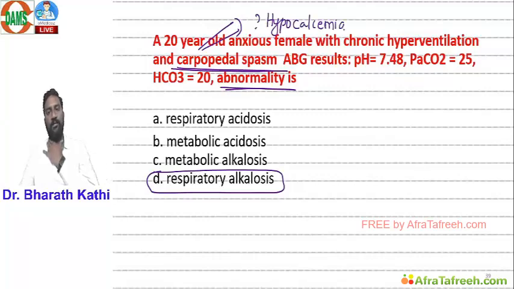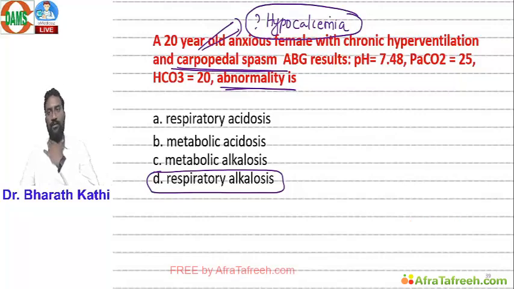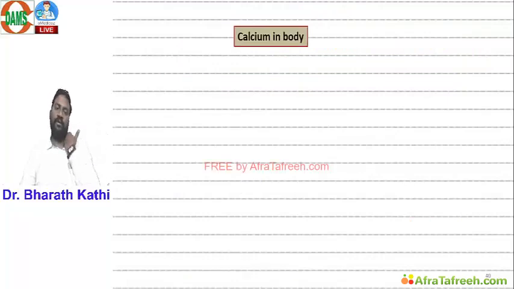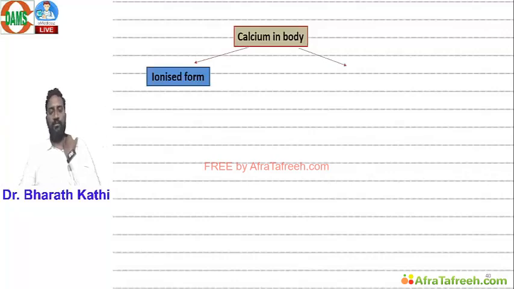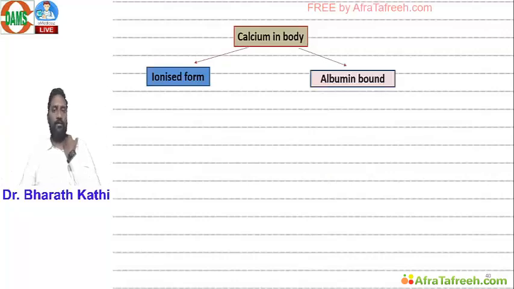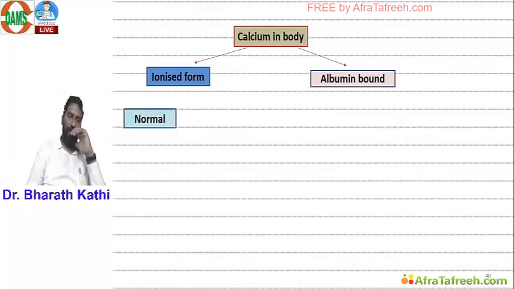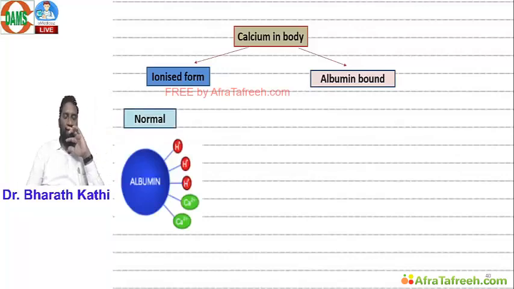For this you should have some basic knowledge of calcium handling in your body. So in your body calcium exists in two forms. One is ionized form, which is majority, and other is bound form, that is to albumin. Ionized form and albumin bound. So it will be in a normal individual like this.